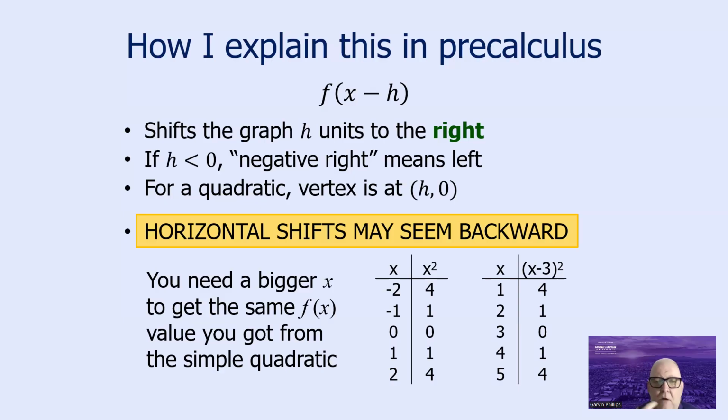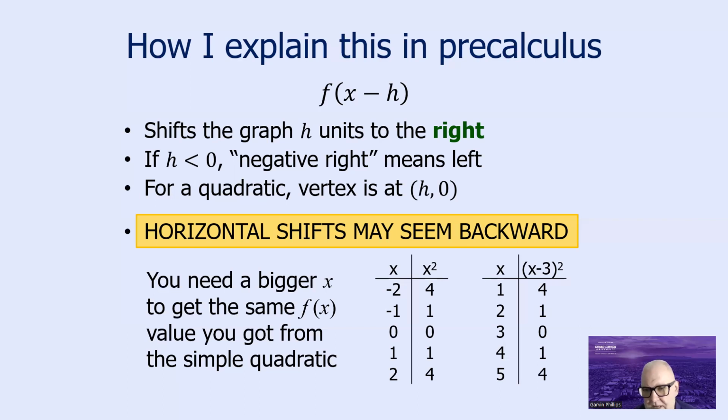Again, when we think about a quadratic, you need a bigger x to get the same f of x value you got from the simple quadratic. So there's the initial quadratic, x and x squared. You'll see that when x is 0, you're at 0, but you need a bigger value to pull off the same thing.